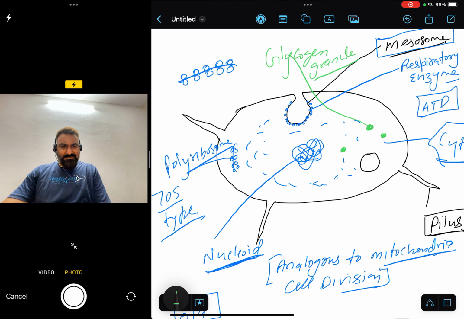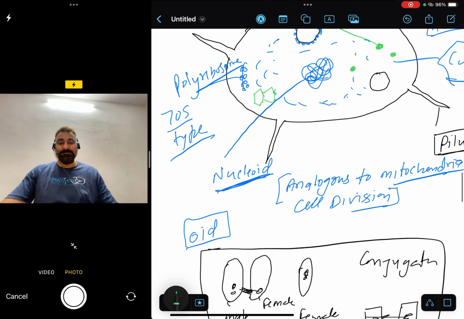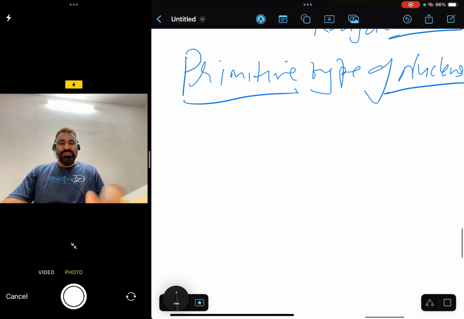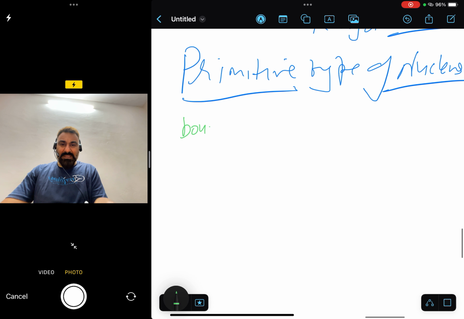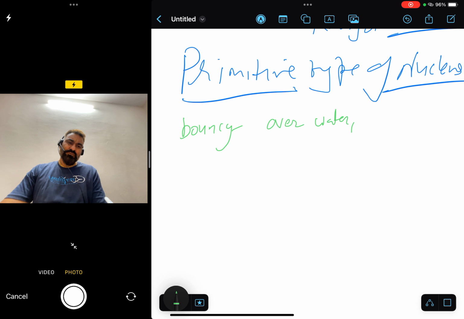Then a gas vacuole, I draw it like this, a structure on which gas or air is filled. This air filled vacuole helps bacteria with buoyancy. Buoyancy means helping in moving over water or in air.